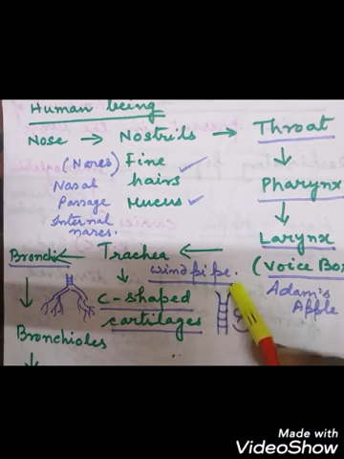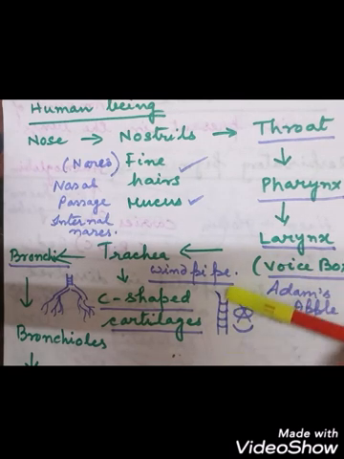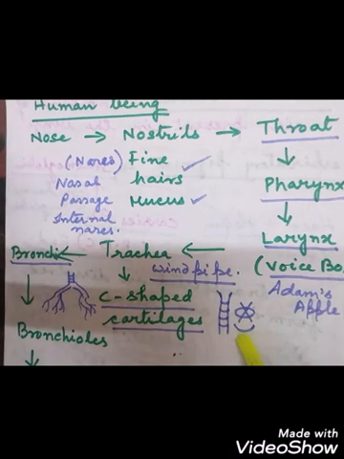Now the trachea is the tube or pipe which consists of C-shaped cartilages, and this looks like a C. They are not fully encircled by cartilage because they have to maintain the process of contraction and relaxation. So in order to prevent total fixity of the windpipe, it is not rigid, but C-shaped, so that the regular movements inside the windpipe are easily maintained.